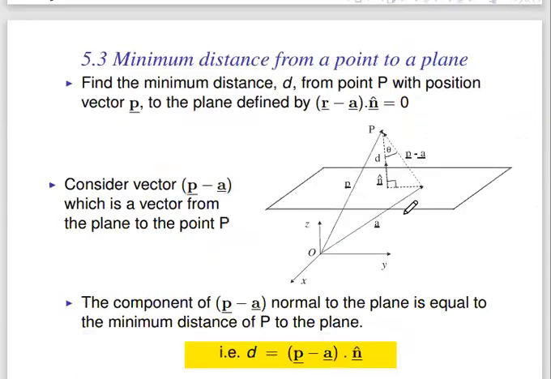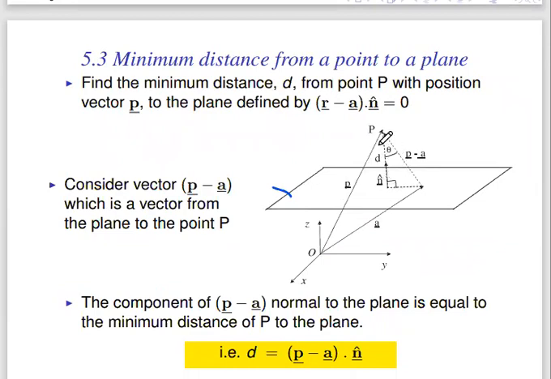Okay, and this time, you are given a plane, so definitely you know the equation of this plane. That means you know the normal vector to this plane, right? It is known. And you are given a point outside this plane.